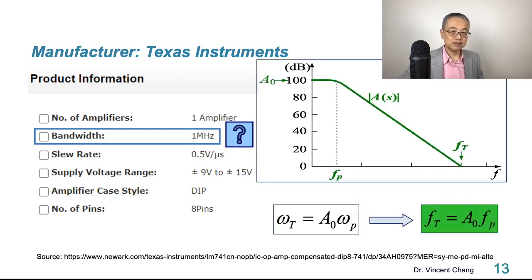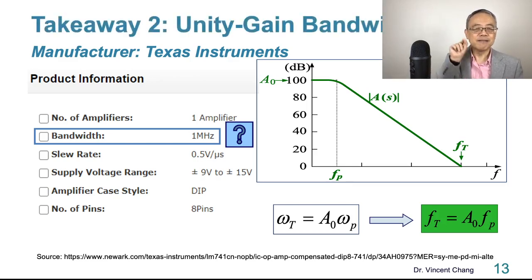It's this. Remember this? What is A? The gain within what region? Linear region, all right? So this bandwidth, of course, is referring to the FT. And F3 decibel and FT are both small signal bandwidth.